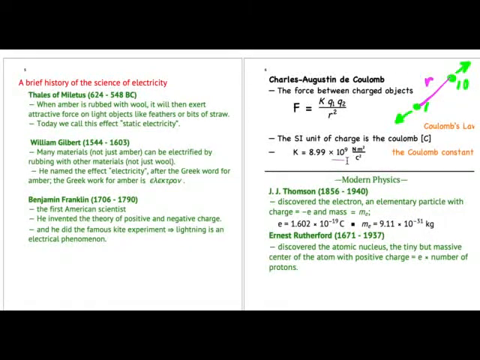You see, it's very large. It's approximately 9 billion in terms of engineering units like newtons, meters, and coulombs. It's so large that it's almost impossible to create a charge as large as 1 coulomb. Most charged objects will have a charge just a tiny fraction of a coulomb.